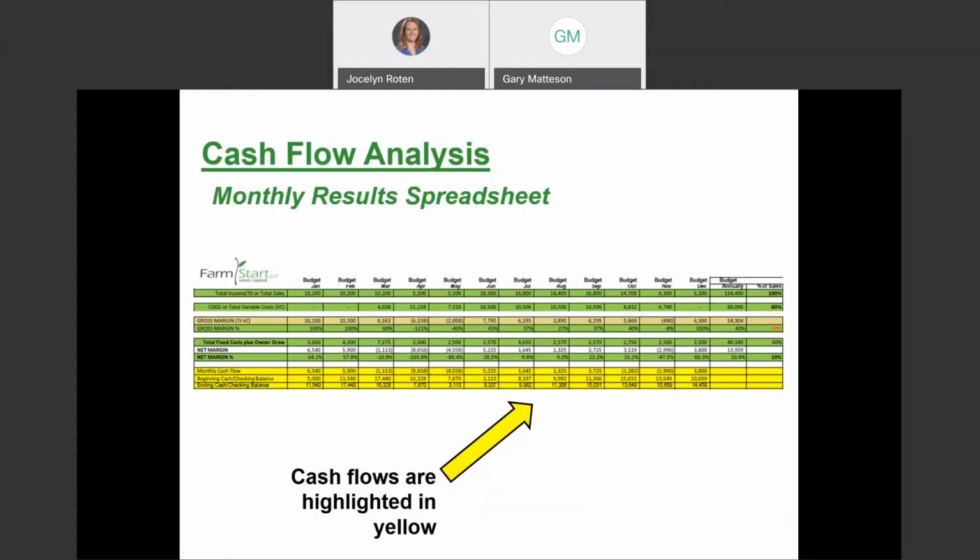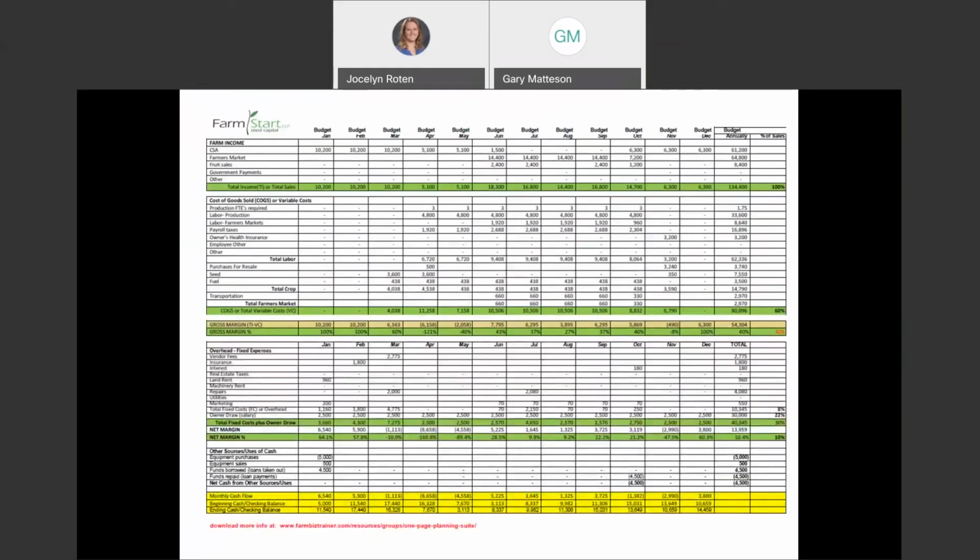So if we expand that spreadsheet to show just the 5 lines over the course of the year, each month, January, February, March, and also add to it our monthly cash flow down at the bottom in yellow, which is essentially your checking account balance, then you've got a pretty good picture of how that business has money coming in and money going out over time.